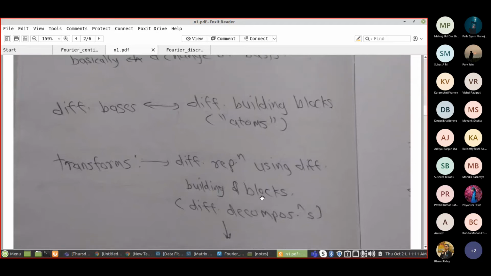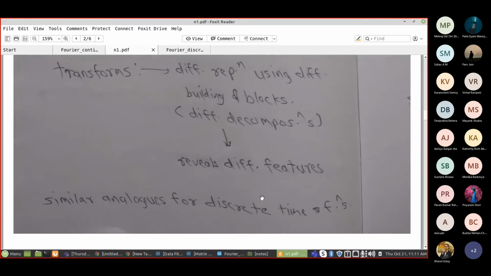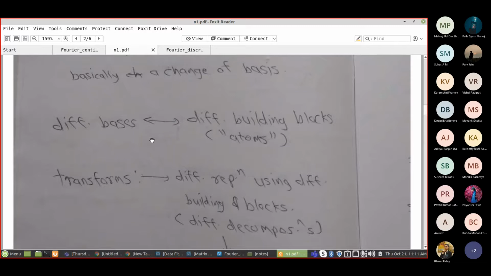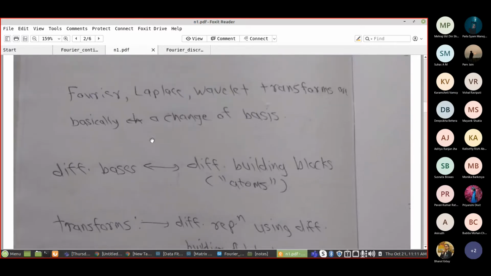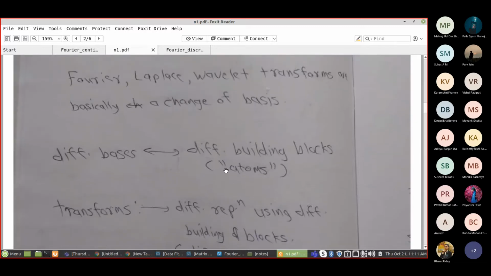So this theme you will see repeating again and again. If you study data processing or data analysis, you will keep encountering this theme. Sometimes in literature these building blocks are also called atoms.